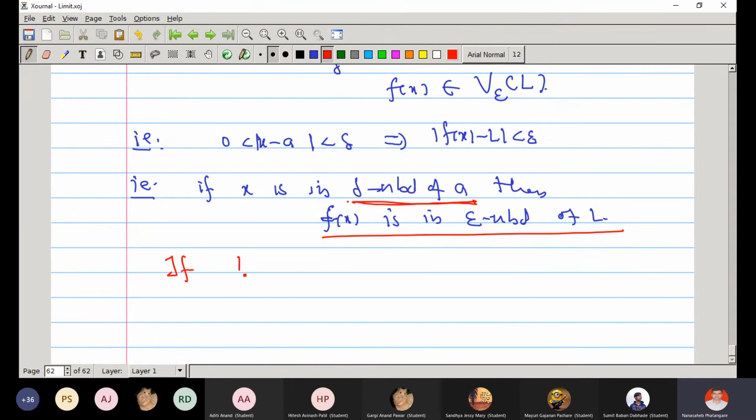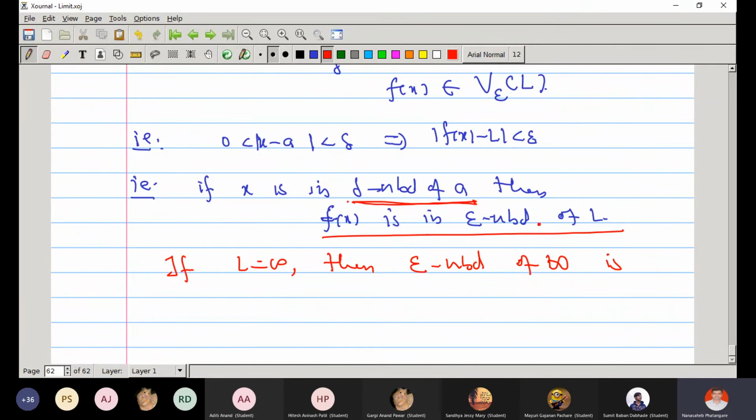So if L is equal to infinity, then what is this epsilon neighborhood of infinity? What do you think about epsilon? How will you look at epsilon neighborhood?